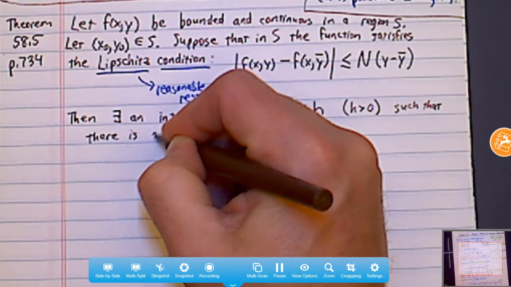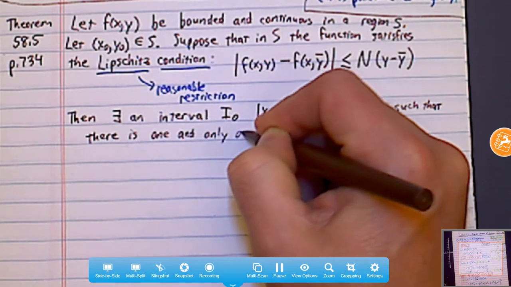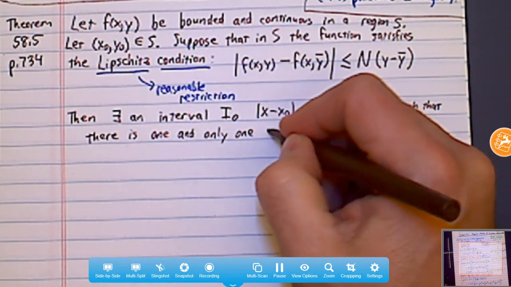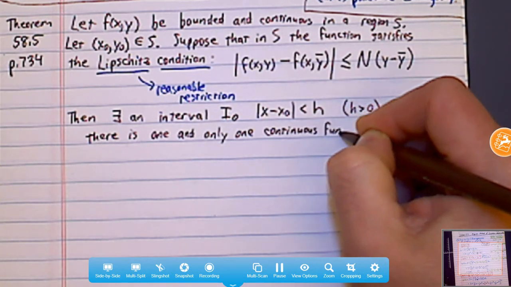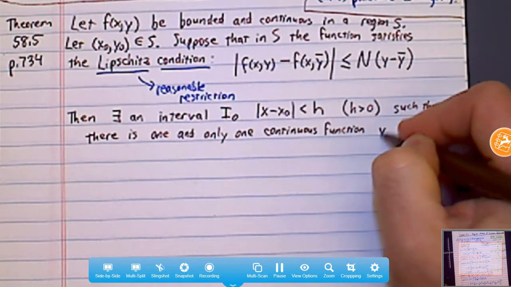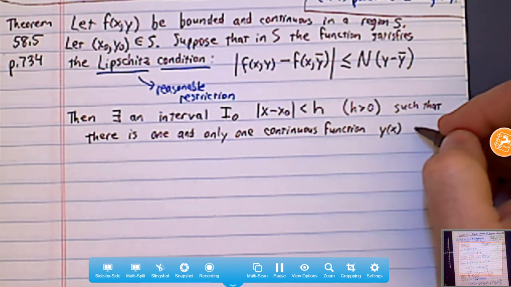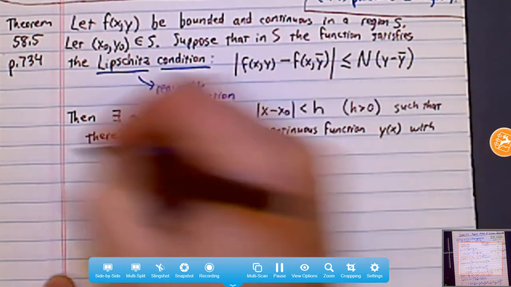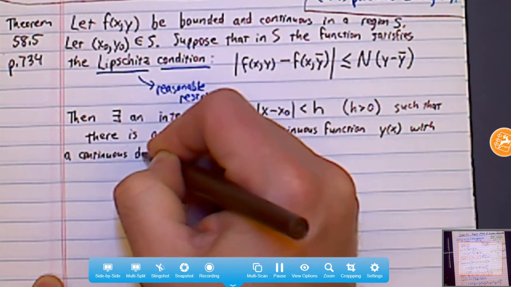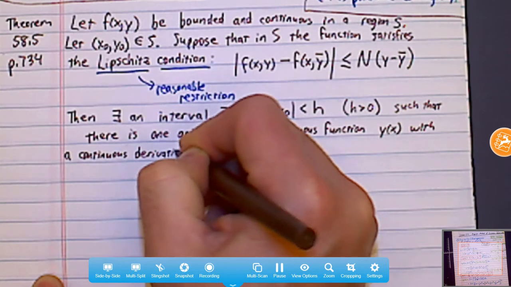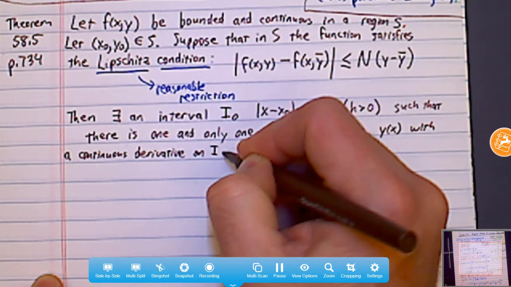there is one and only one continuous function y of x with a continuous derivative on I. It's funny, they put I-O.